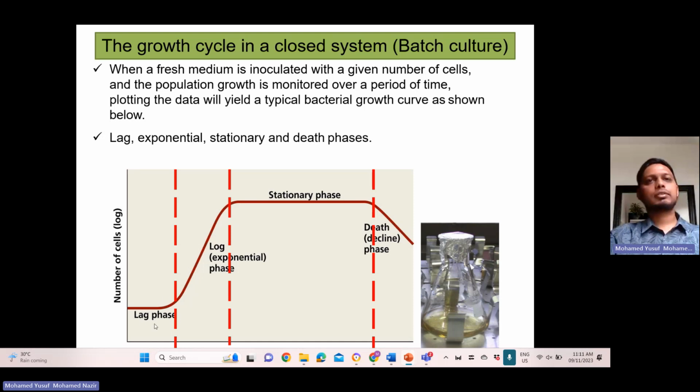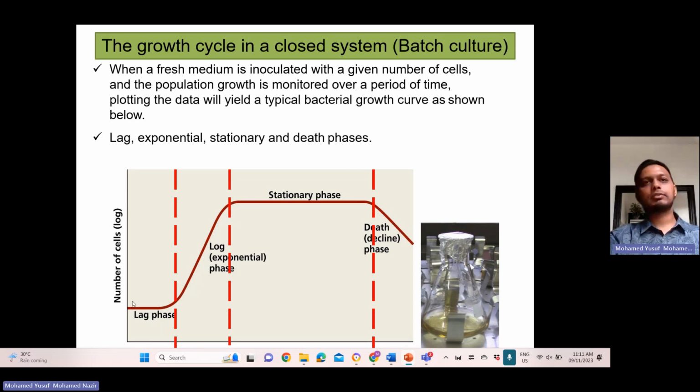So during the lag phase, normally it is an adaptation phase for the microbes. At this phase, the cell starts to adapt to a new environment, and it will take some time for the cell to adapt, and normally there will be little or no growth.